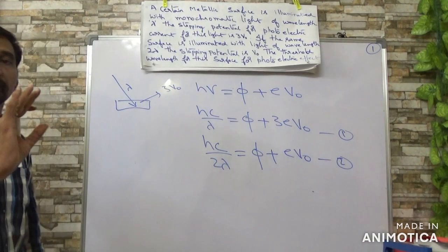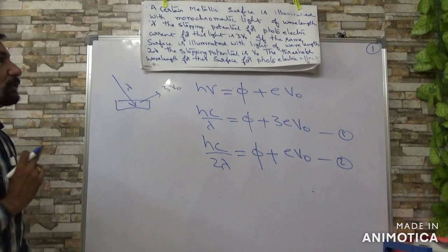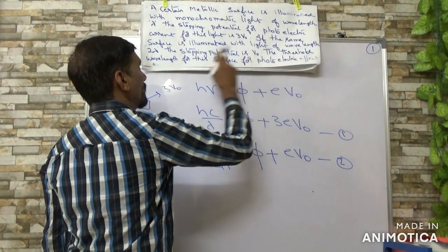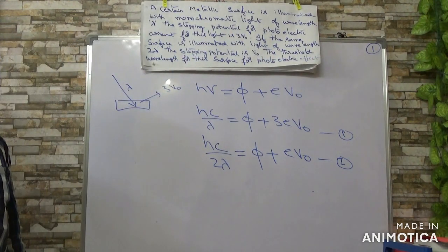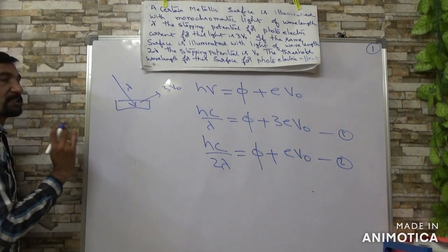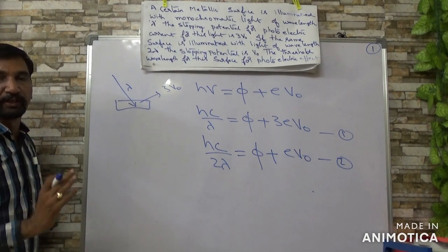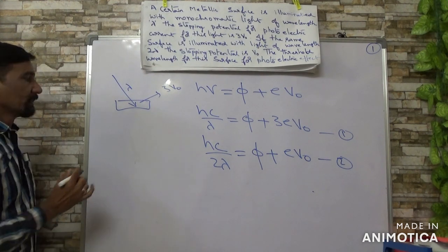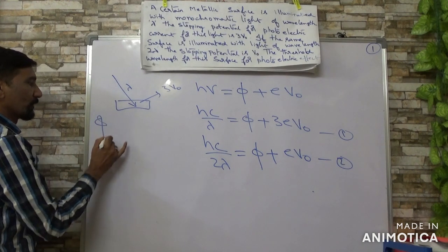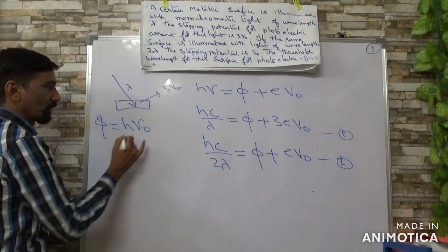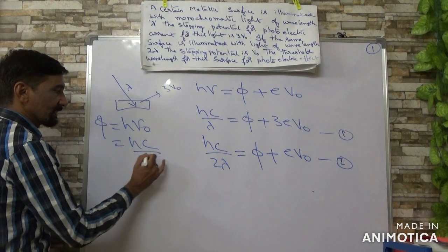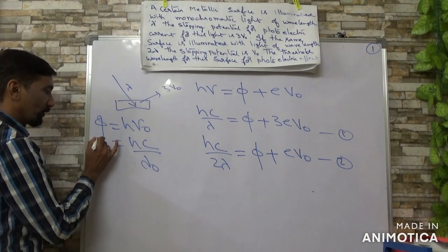What we are required to find in this problem is the threshold wavelength. So what is threshold wavelength? The maximum wavelength required to produce the photoelectric effect. The work function is taken as h nu naught, which can also be taken as hc by lambda naught.